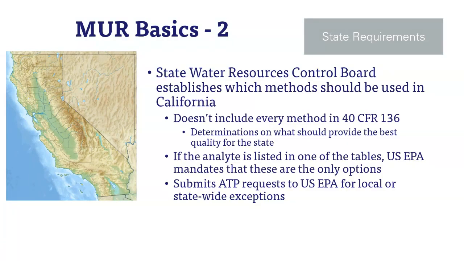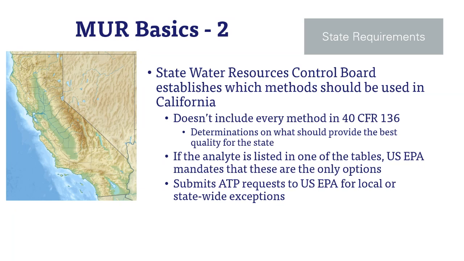And the state is the one that decides which methods can be used in California. So in this case, it's going to be the State Water Resources Control Board that coordinates with all the regional boards to decide which methods should be utilized here in California. These don't include everything in 40 CFR 136.